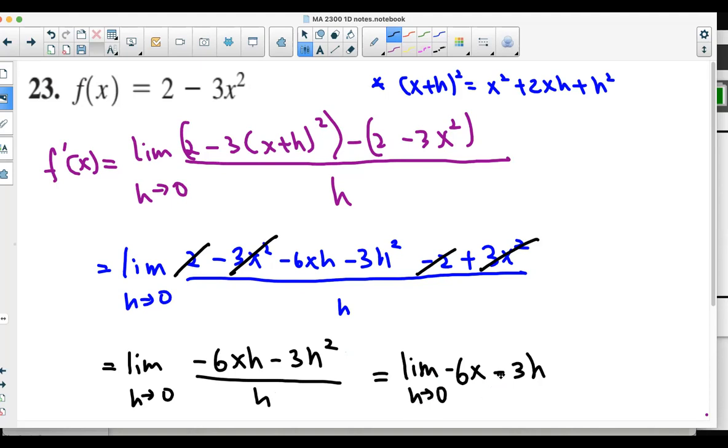But since h is approaching 0, this one will disappear, and we are left with negative 6x. That's the derivative. You can see you would have known the answer already using the power rule, but you should be able to use the limit definition. Okay? That was one thing we have to do.